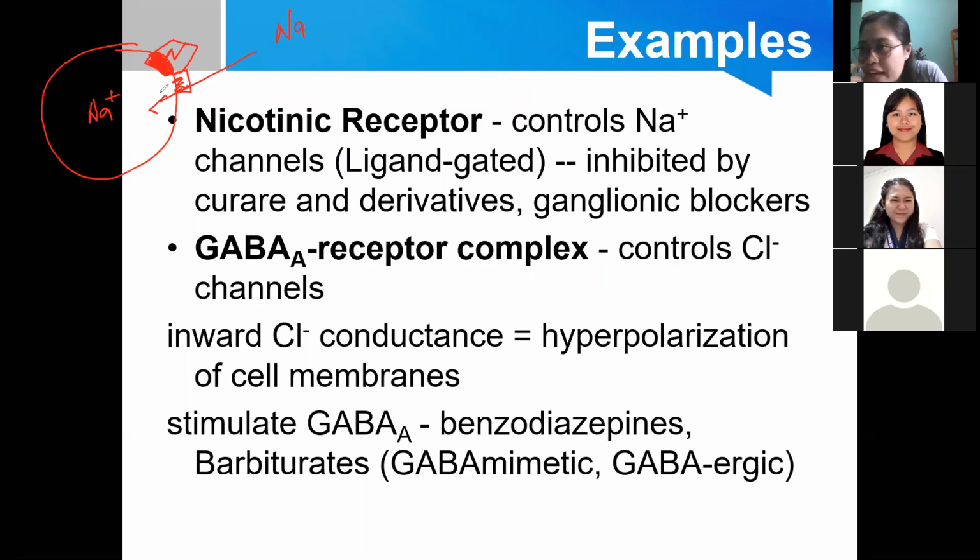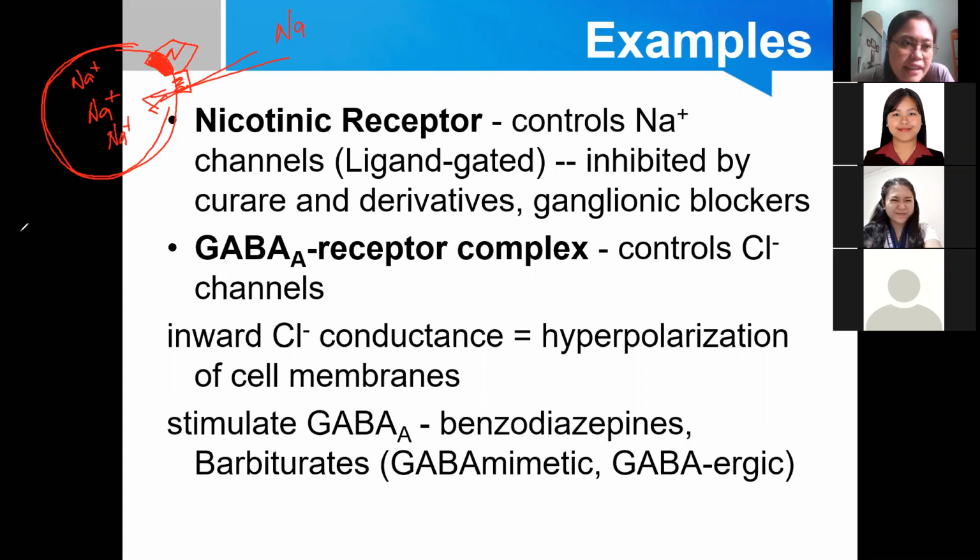Pag class 1 gani na siya, naay kakambal na ion. For the case of nicotine, pag bind niya kay nicotinic receptor, ang mag-open na ion channel is the sodium. And what is the consequence or the result of this? The inside of the cell will become more positive kasi more of the sodium will enter.